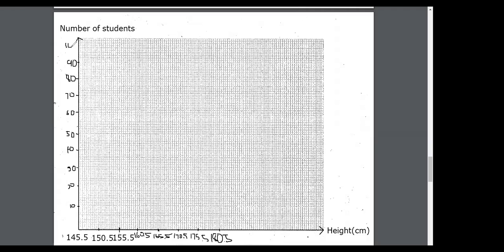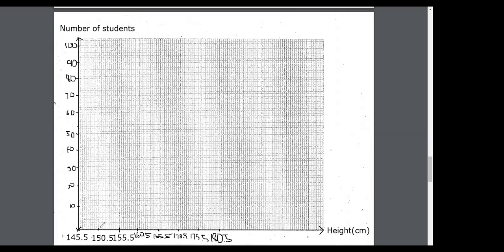So here we just use a shorter scale, but in the exam the graph paper is usually big enough for you to draw. So you don't need to worry. You just follow the scale in the exam.